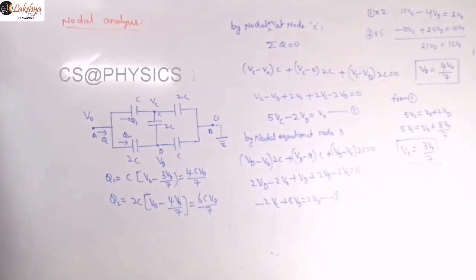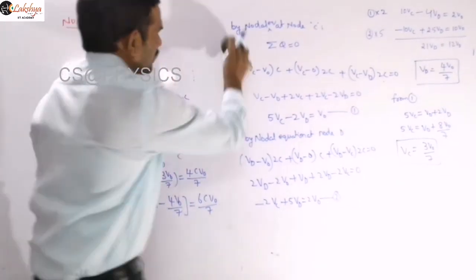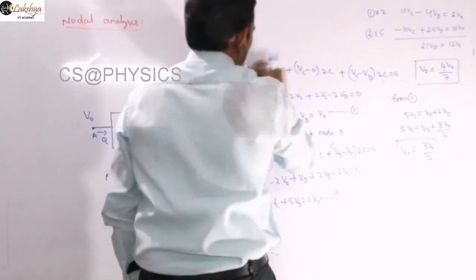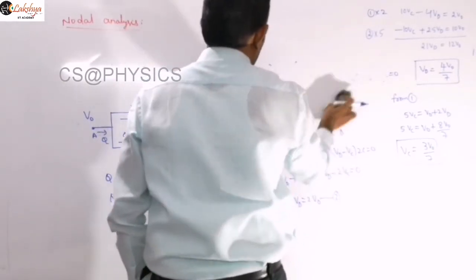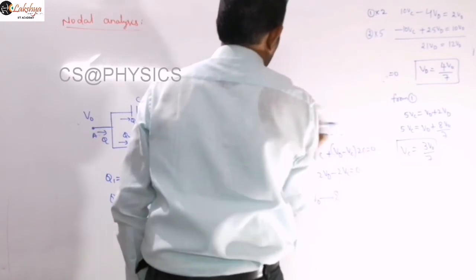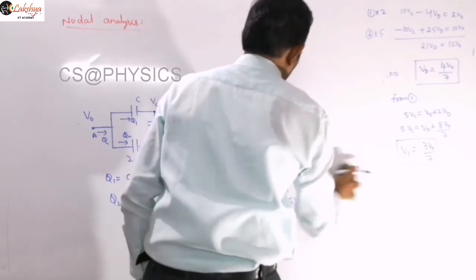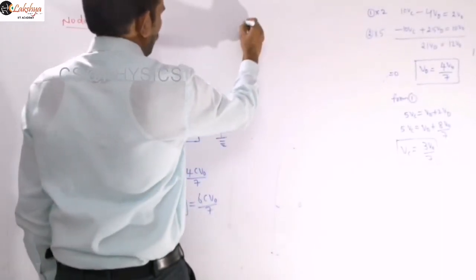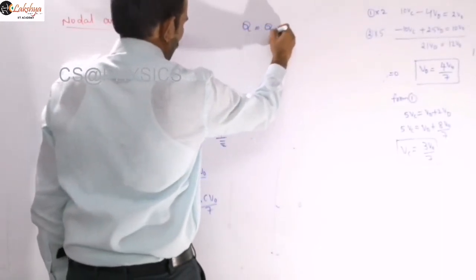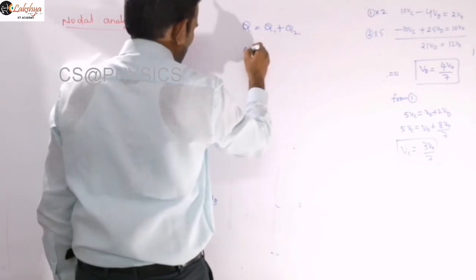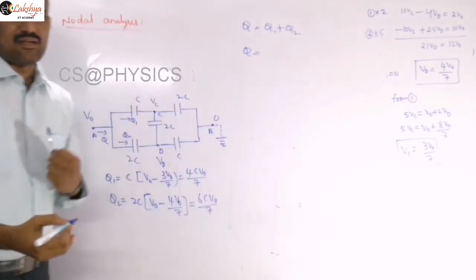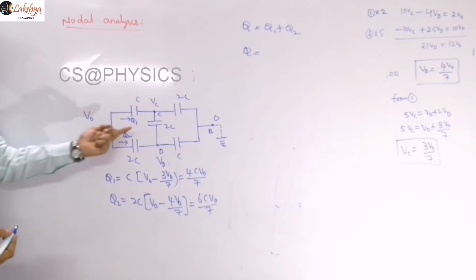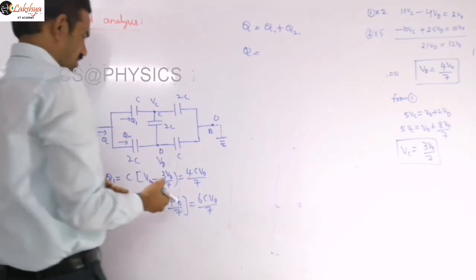And so now you can find the total charge flowing, which is nothing but Q1 plus Q2. So the total charge Q is equal to Q1 plus Q2. That means this Q is the charge drawn from the cell, right? Q is the charge drawn from the cell here, if you are assuming a cell is connected.